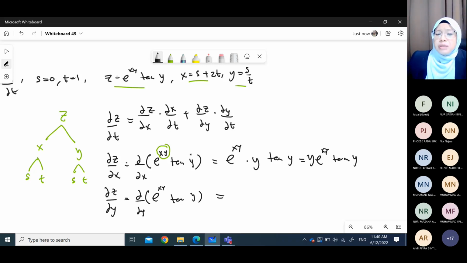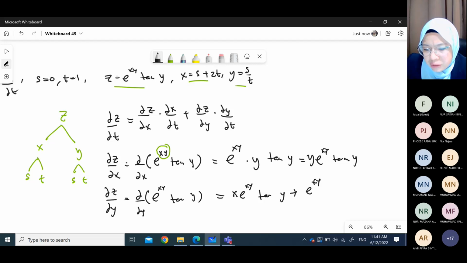Sorry, so this one we use product rule because it is involving multiplication between two functions, exponent and tangent y. So ini you guna product rule. So first we differentiate with respect to y on exponent xy. So here we have x exponent xy times tangent y, and then plus tangent exponent of y, exponent xy. Differentiate tangent, we have secant squared y.